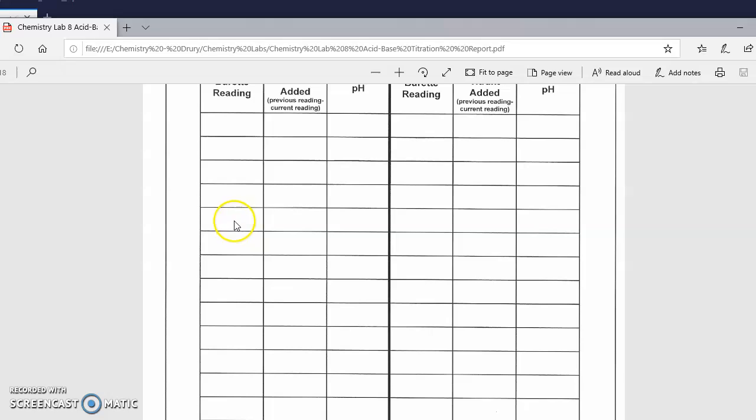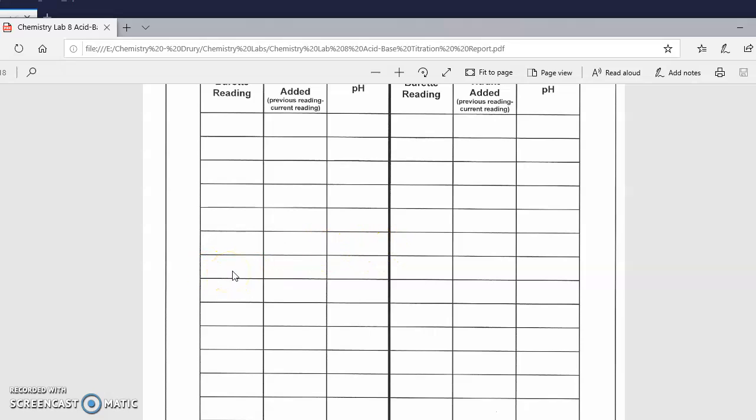This is now 37.50. This is 7.5 added. The pH is 5.48. Continuing on, 36.25, 8.75 added, and this is now 5.85 for this one.